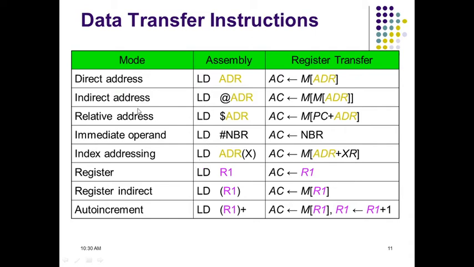Then indirect addressing, then relative addressing, then immediate addressing, where you are using numbers, then index addressing, then register addressing, then register indirect addressing, auto increment addressing. So this is just a summary of different addressing modes, showing how exactly we will write assembly language instructions with respect to these addressing modes.